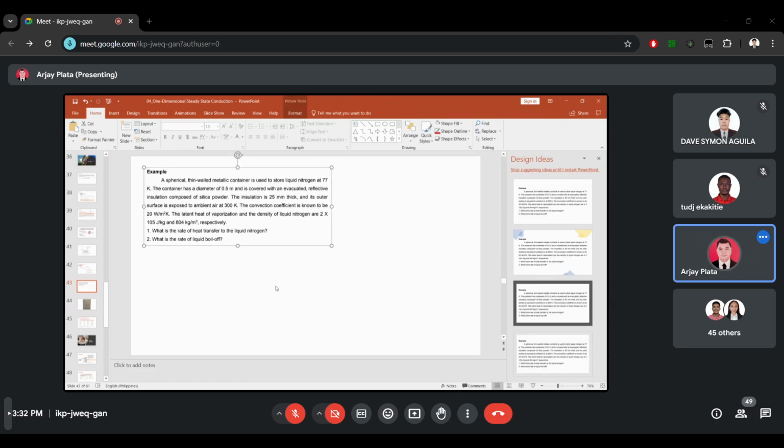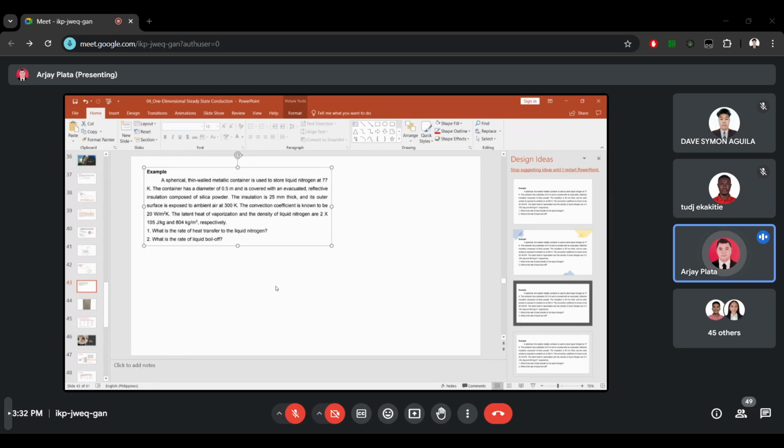Example: a thin walled metallic container is used to store liquid nitrogen at 77 Kelvin. The container has a diameter of 0.5 meter and is covered with an evacuated reflective insulation composed of silica powder. Say the insulation is 25 mm thick and its outer surface is exposed to ambient air at 300 Kelvin.